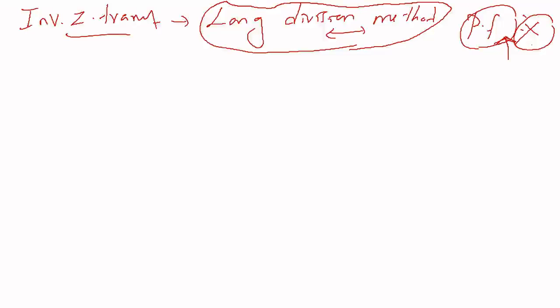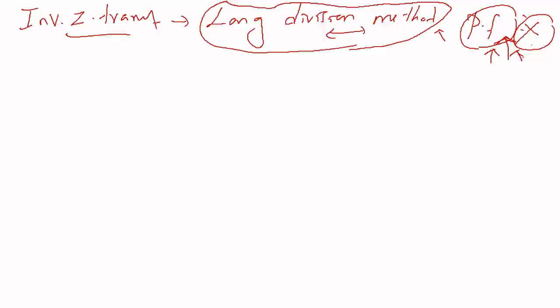Let me repeat that in case you have not understood. Look, my first preference is partial fraction. But if the equation is a bit complicated, or if you feel you cannot find the partial fraction because it is complicated, then prefer the long division method.